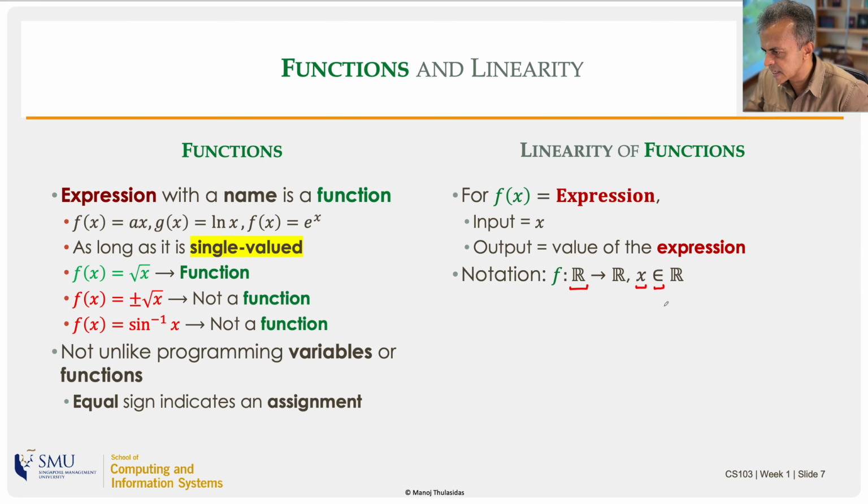So we're using set notation, which is why we can say x is a member of R, the set of all possible real numbers. And this function f takes a value that is real and gives you a value that is real. That will be the kind of functions that we will be dealing with in this course. At least they will have real components. May not be in one dimension, but at least real.